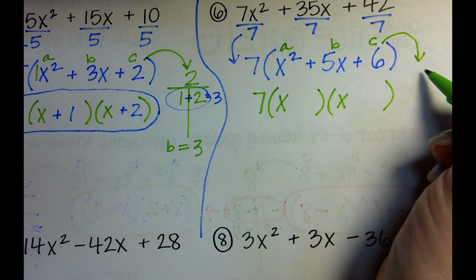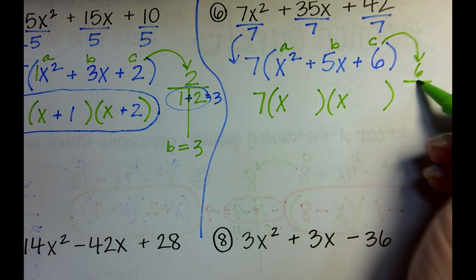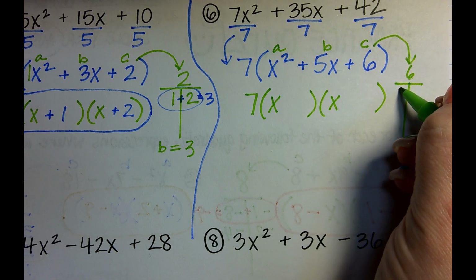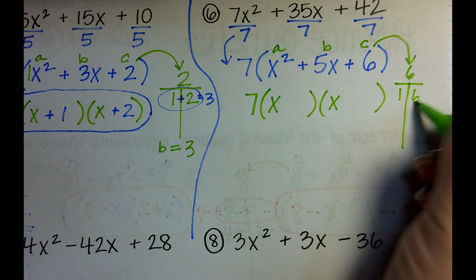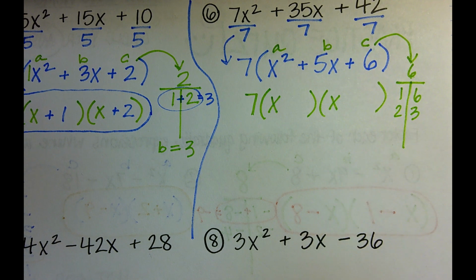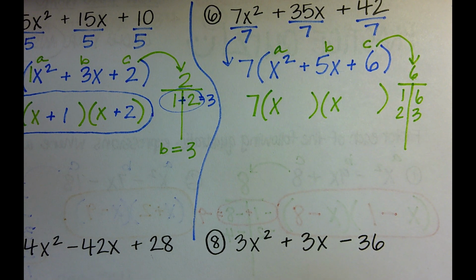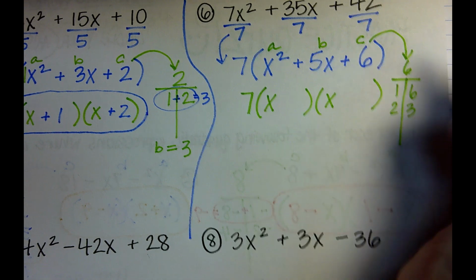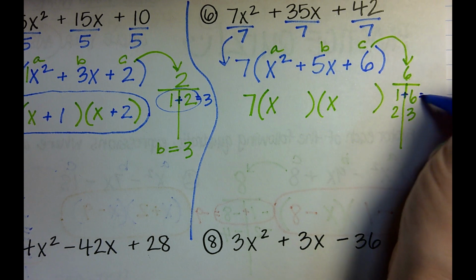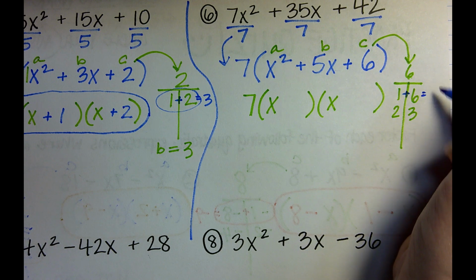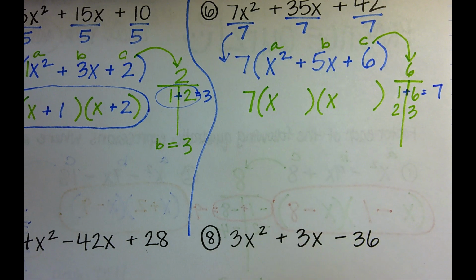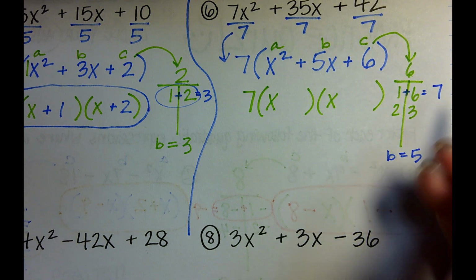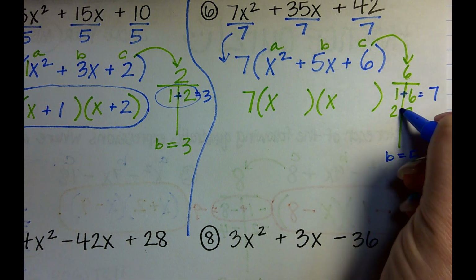So my factors of C of 6, what are my options? 1 and 6, 2 and 3. Perfect. So 1 plus 6, what does that give us? 7. And that is not equal to our B, our 5. 2 plus 3, that is 5.